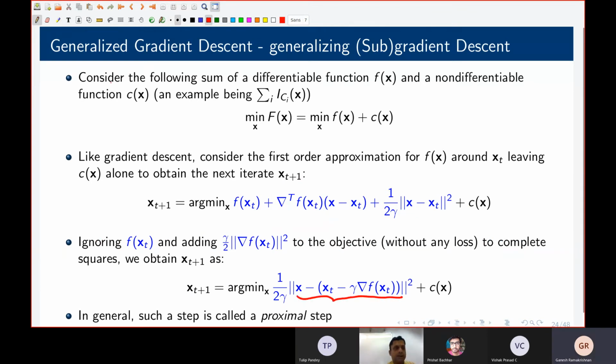In plain English, what this is looking at is the squared norm difference of x from the gradient descent update. That's what this part in red is. So it's called a proximal step. And I'll show why this proximal step is required through an illustration.